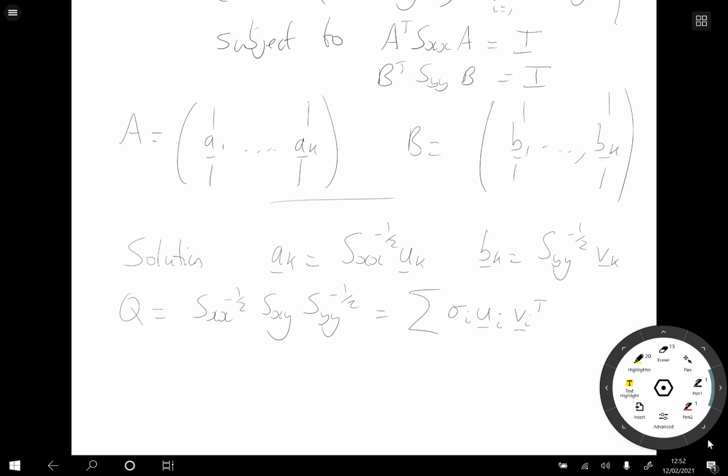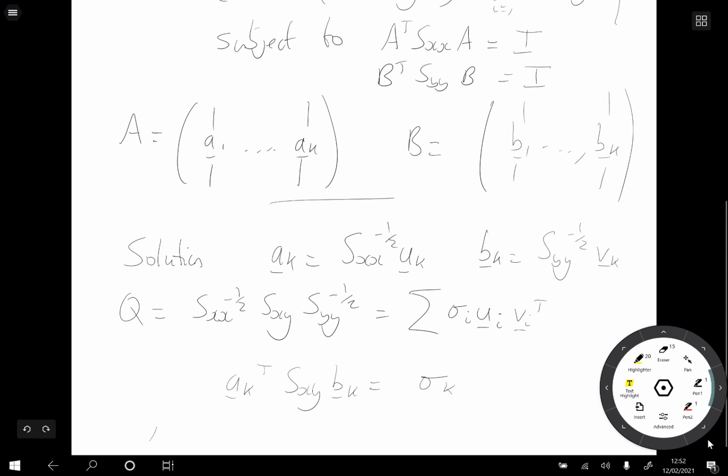Okay, so the solution is to take the left singular vectors and the right singular vectors, and scale them by the inverse square root of the relative covariance matrices. When we do this, the value of the objective, A_k transposed S_xy B_k, is just sigma_k.